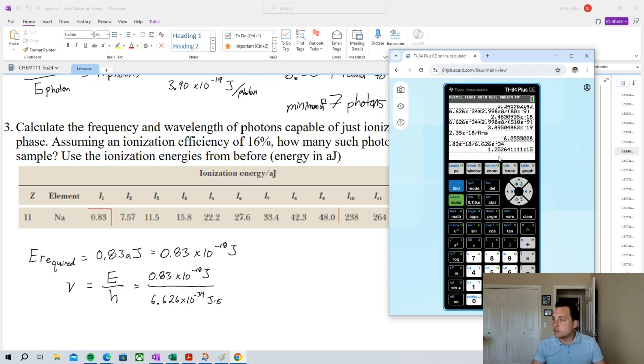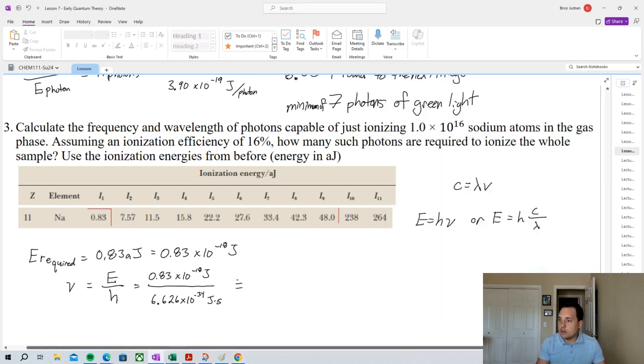All right, this frequency is 1.25 times 10 to the 15th inverse seconds.